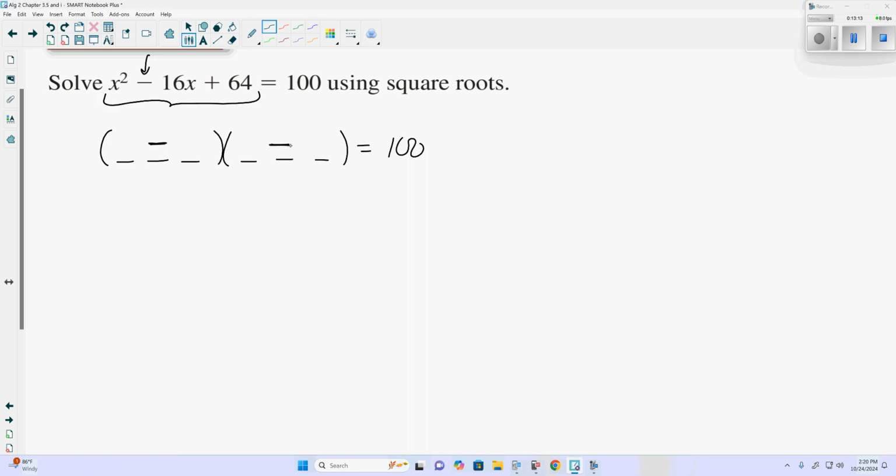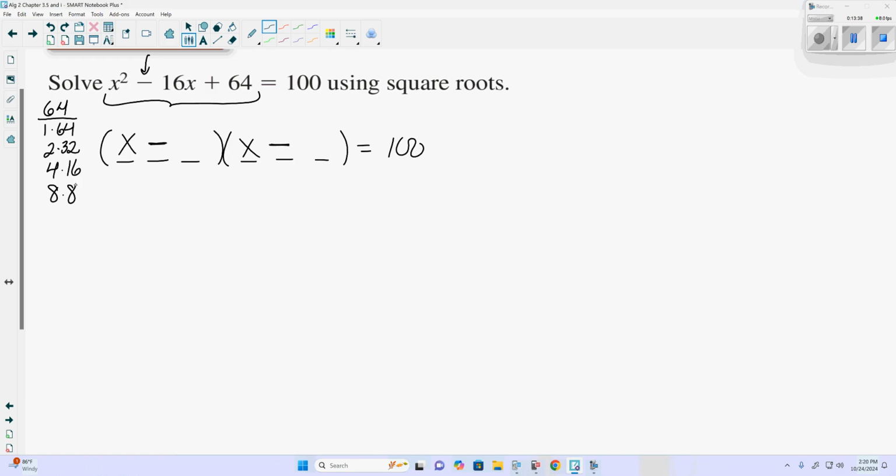Factors of x squared: the only factors are x and x. Factors of the third term, 64: we have 1 and 64, 2 and 32. 3 is not a factor, but 4 and 16. 5 is not a factor. 6 is not a factor. 7 isn't a factor. 8 and 8.